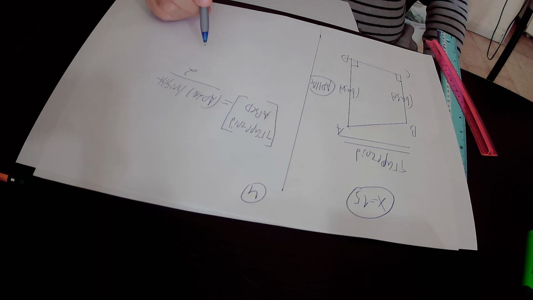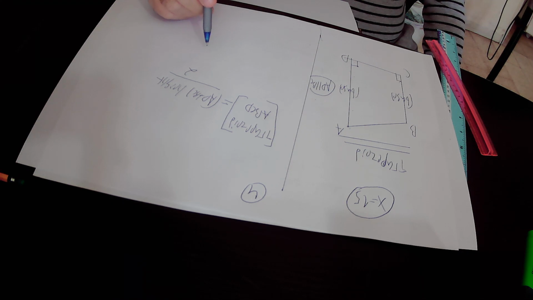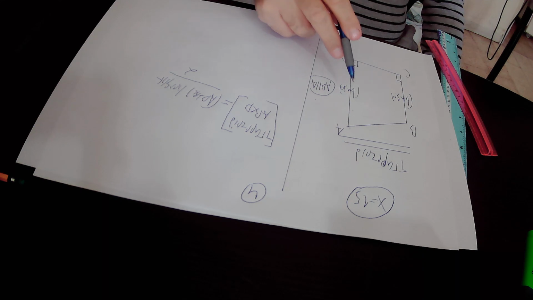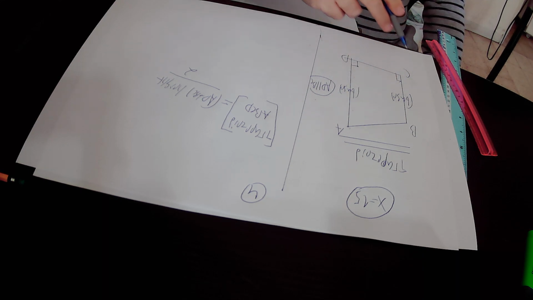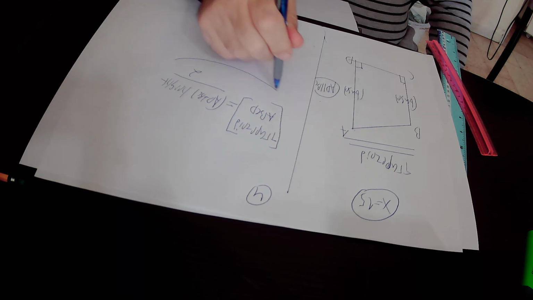In conclusion, the area of trapezoid ABCD, which could be any trapezoid, equals the sum of its bases, that is actually AD plus BC, times the height to the base, over 2. The height to the base must create 90 degrees with the base.